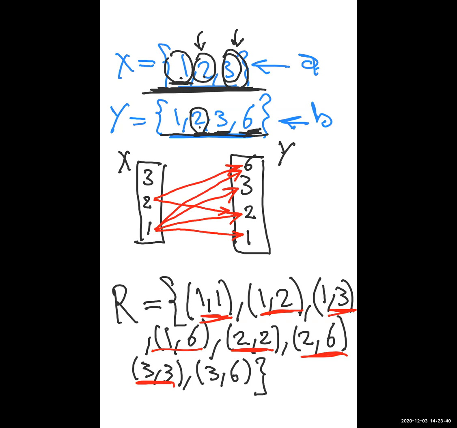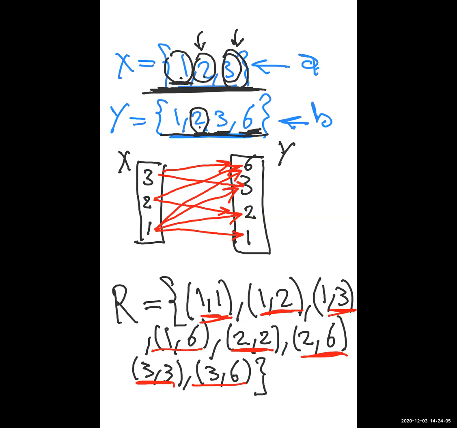Then 3 and 3, one arrow from 3 to 3. And finally, 3 and 6, one arrow from 3 to 6. So this will be the arrow diagram. Are we clear till now? Yes, mister. Any questions, guys? No. Okay, great.